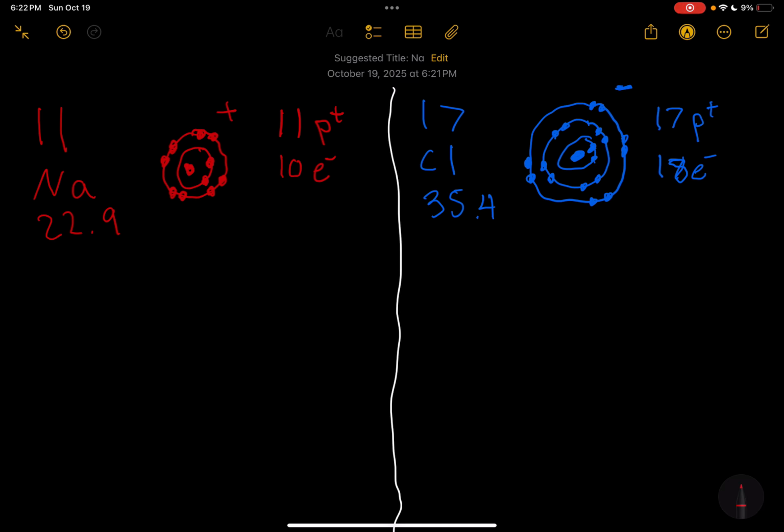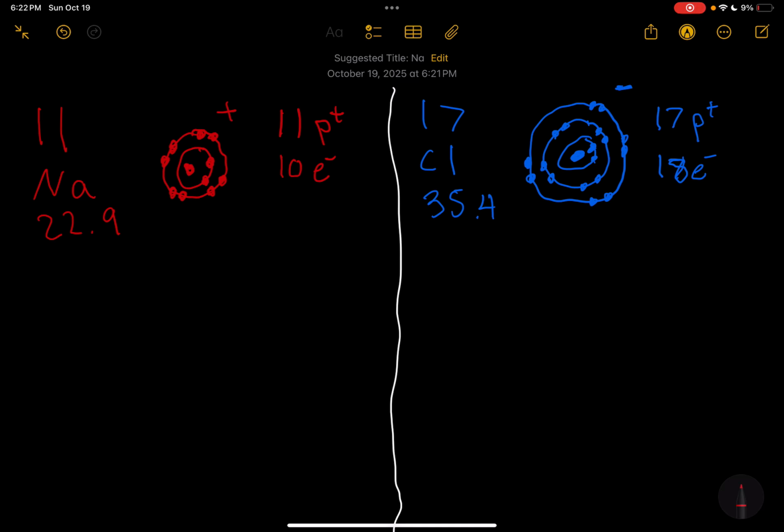So our next issue is, okay, both sodium and chlorine have filled their valence shells, but now they have positive and negative charges respectively. Not only do atoms or ions want to fill up their valence shells, but they also want to have a neutral charge. So we're going to go one more step here, and we are going to neutralize their charges.